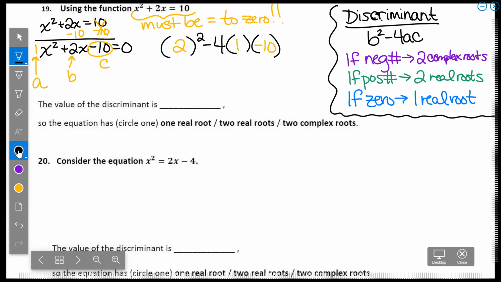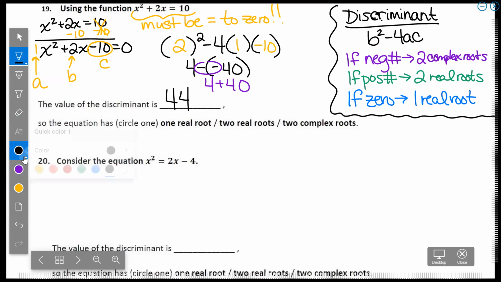What is 2 squared? 4. Bring down my minus sign. 4 times 1 times negative 10. Negative 40. It's going to become a positive because I'm subtracting a negative. So I have 4 plus 40. What is 4 plus 40? 44.